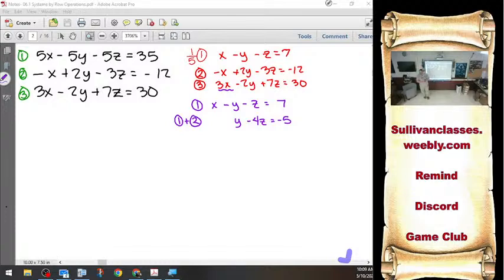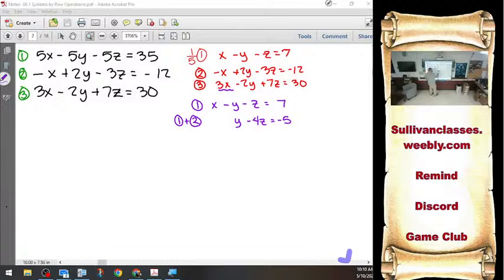Close. I could either do negative 3 equation 1 or positive 3 equation 2. Which one makes more sense? Both are equally correct. I'm going to choose option B because if I don't have to multiply by a negative, that's one less thing for me to screw up.